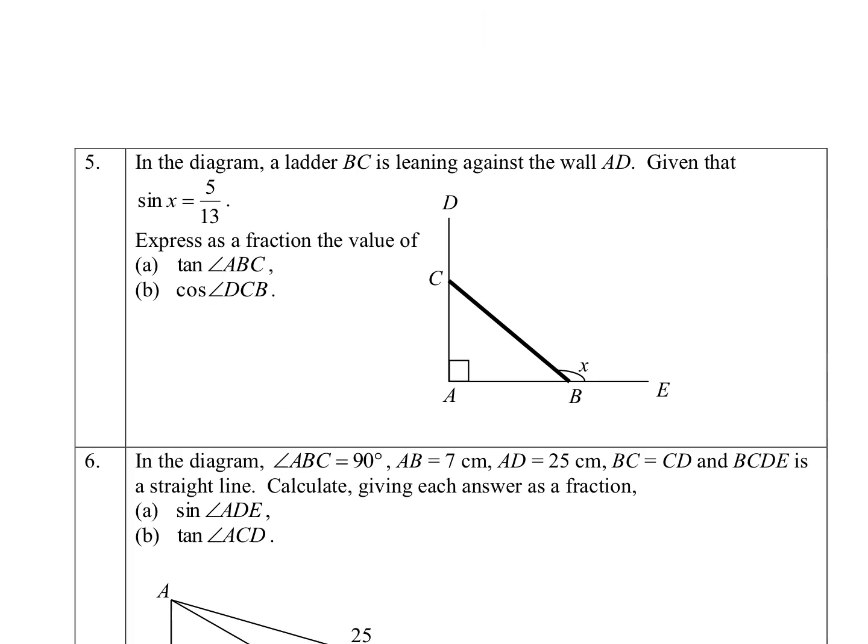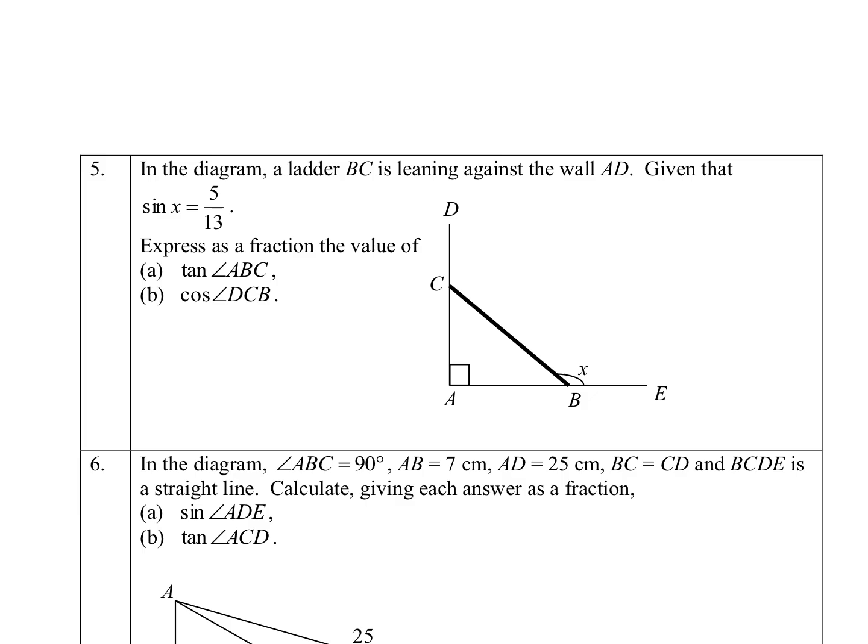Quick one. I have a ladder leaning against the wall. Given that sine of x is 5 over 13. Take note, sine of the obtuse is the same as sine of the acute. So it's as if they tell me that the sine of 180 minus x is also 5 over 13.